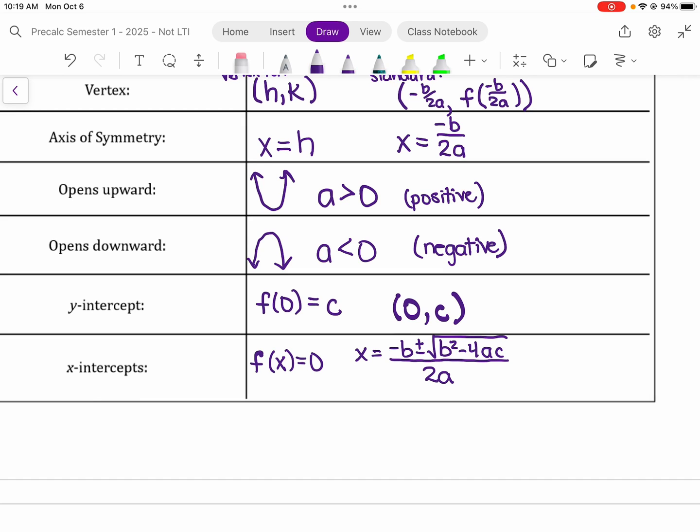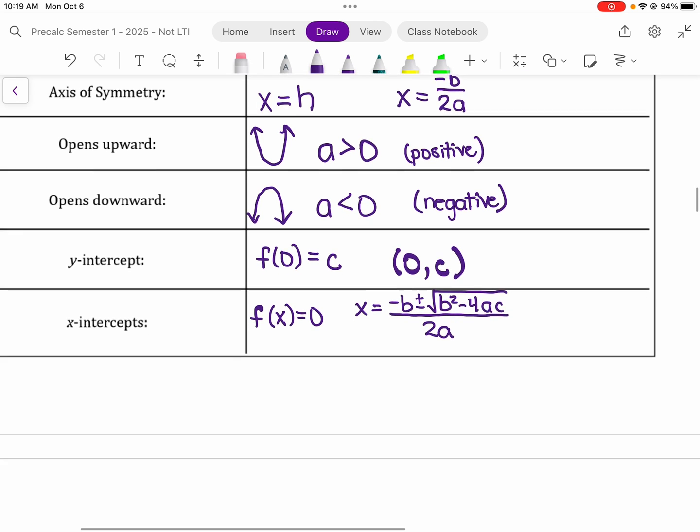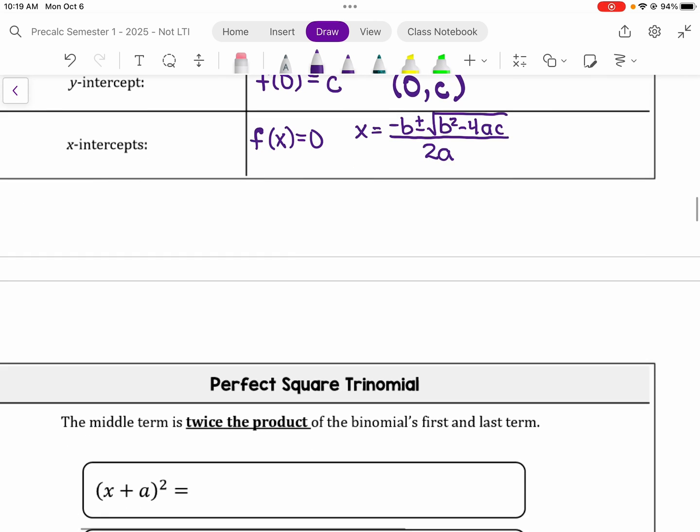Okay, that's how we find x-intercepts. If it is possible, we can factor, but it's not always possible to do that. Even if we could factor, we can also do the quadratic formula. So good to know that quadratic formula.